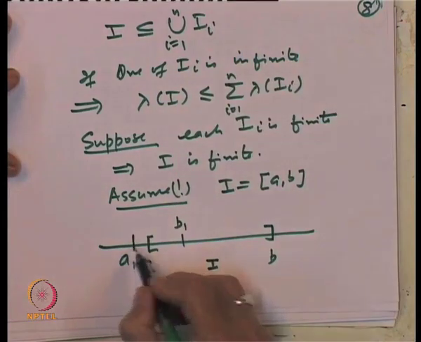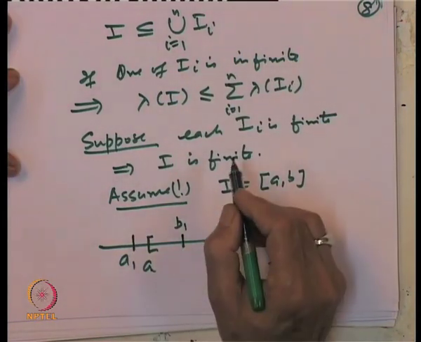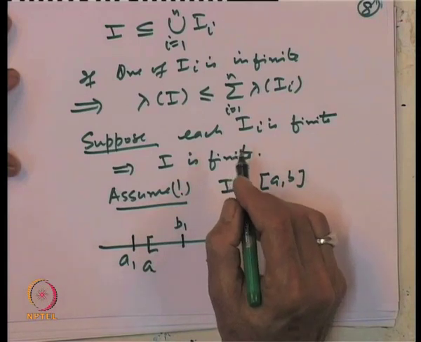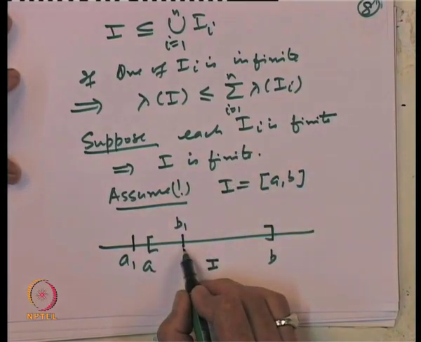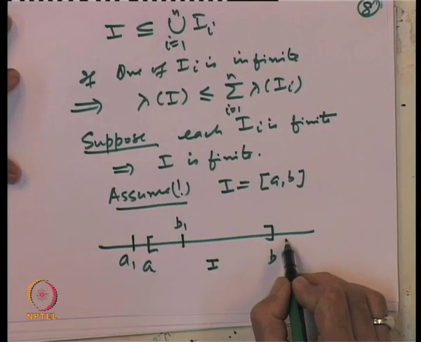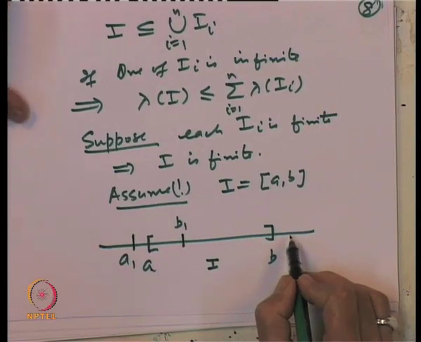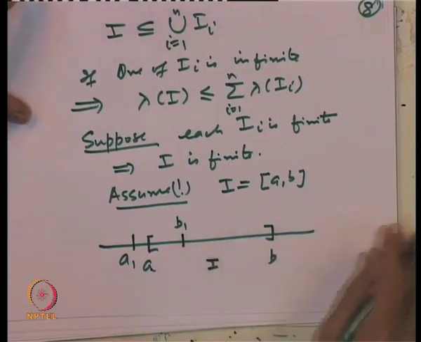So, here is the end point a_1, here is the end point b_1. Now, the possibility is this b_1 is on the right side of b. So, one possibility is it is on the right side of b.